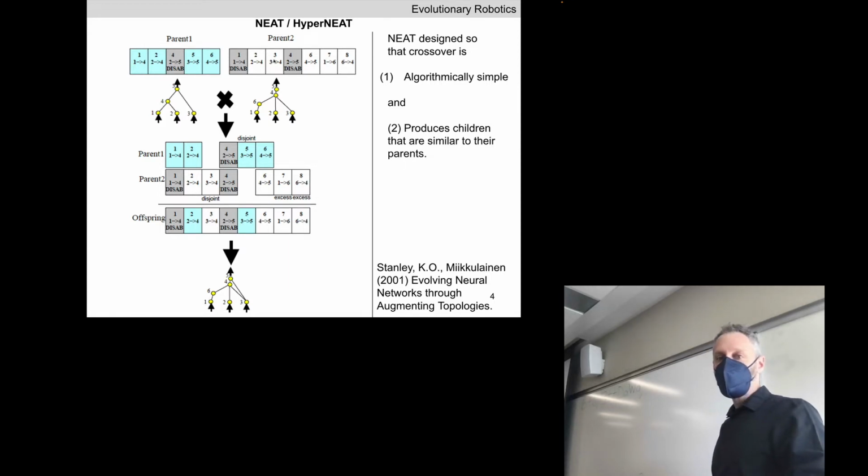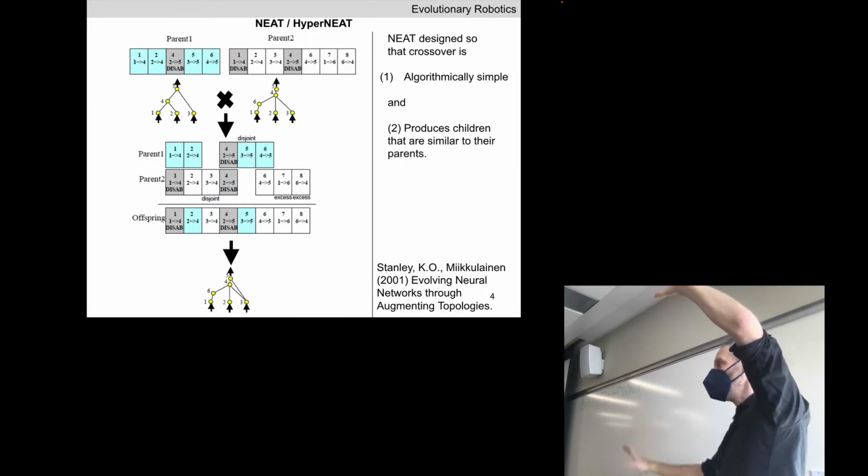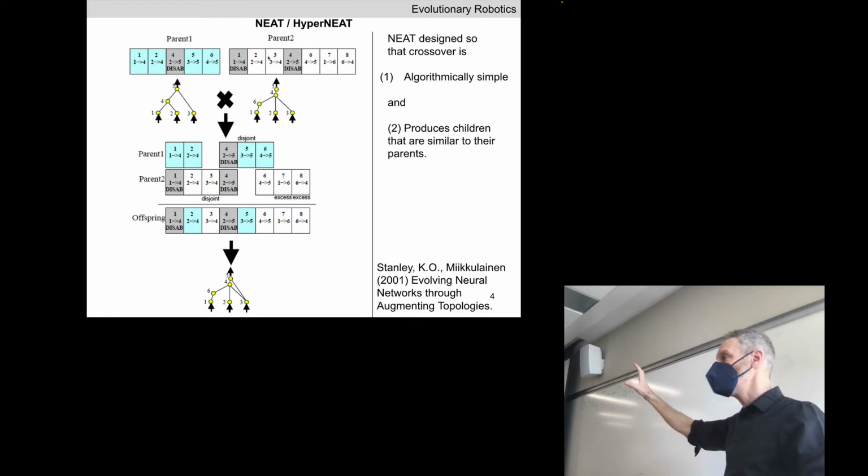We get to synapse 3, and we notice the innovation number 3 here only appears in parent 2. It does not exist in parent 1. So somewhere in the ancestral line going from the common ancestor down to parent 1, there was a mutation that added in a new synapse, synapse 3, that did not appear in parent 1.